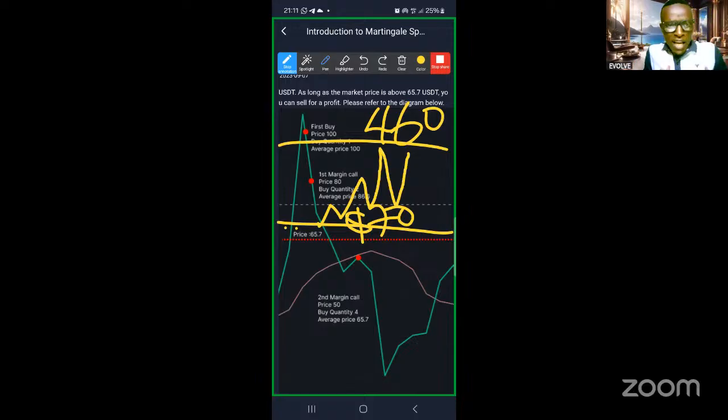Hey, now it is coming, now I'm going to sell. Then it comes down. You are buying every time it does that. This can happen for a month, 2 months, while this guy is waiting for the market to touch the $100 where he entered from, and it is not happening.